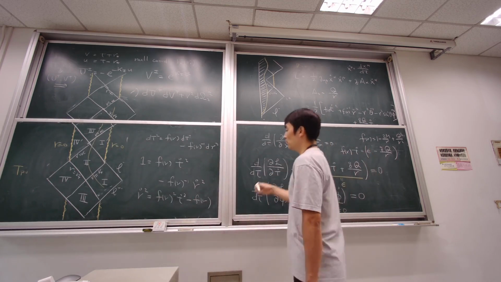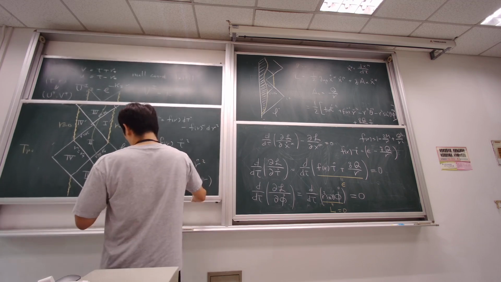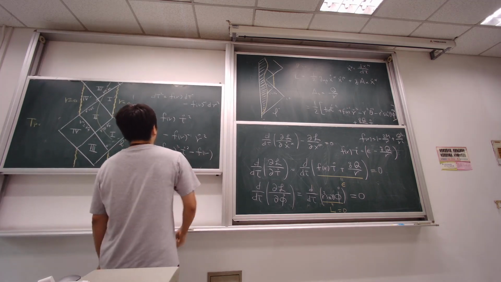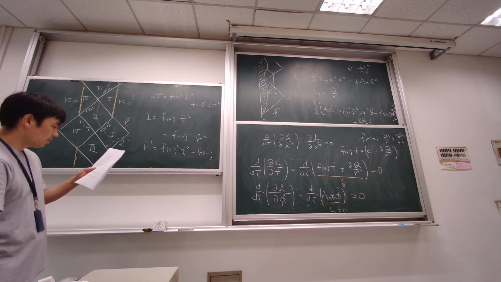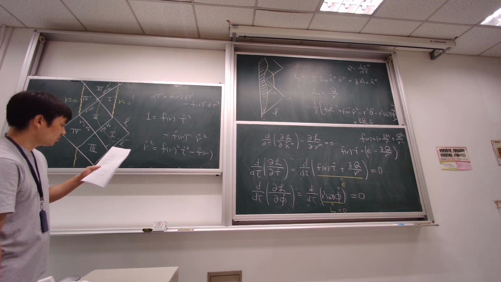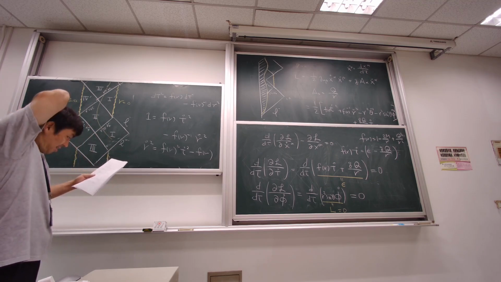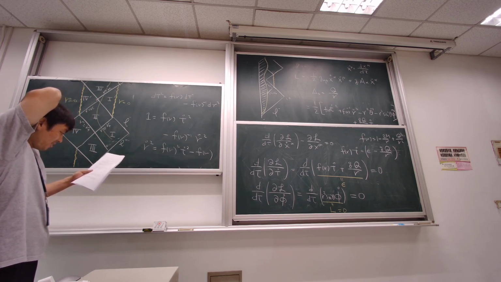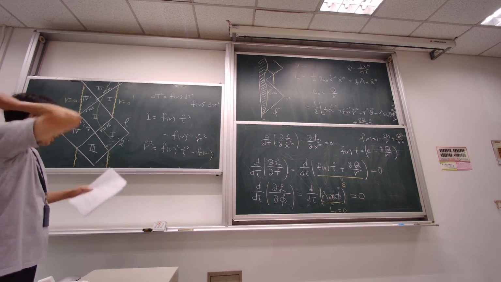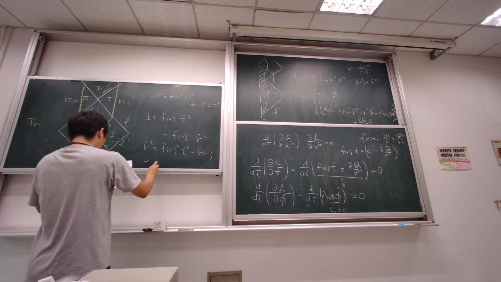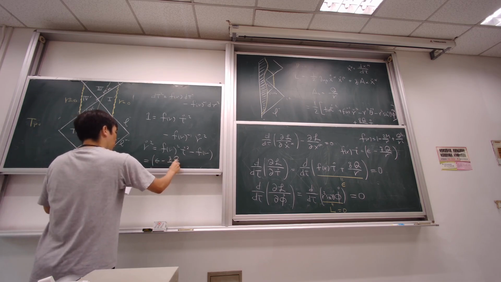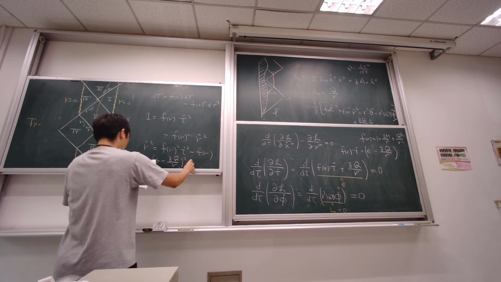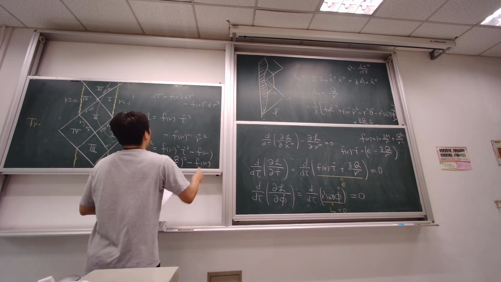You can plug that into here. Why is the sign not correct in my lecture note? Somehow the sign is not correct. It's okay, sorry. So this is equal to epsilon minus capital Q over r square minus f of r.